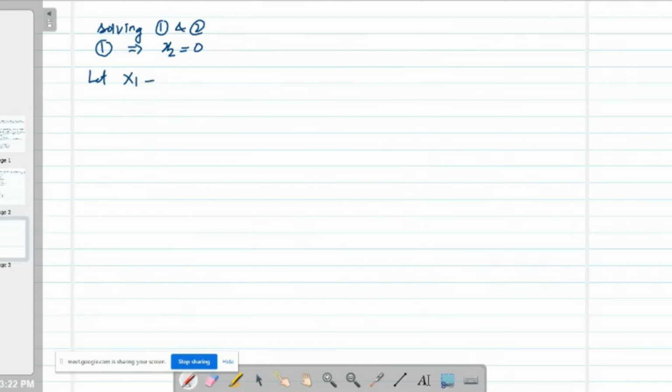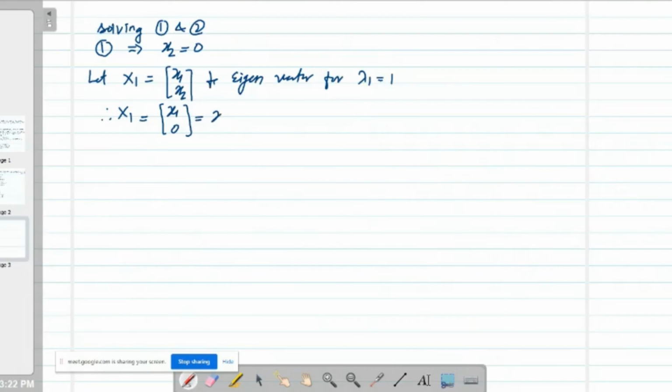Let x1, x2 be the eigenvector for eigenvalue lambda 1 equal to 1. Now we found x2 equal to 0 and x1 is same as x1. So this gives, taking x1 common, 1, 0, where x1 is arbitrary.